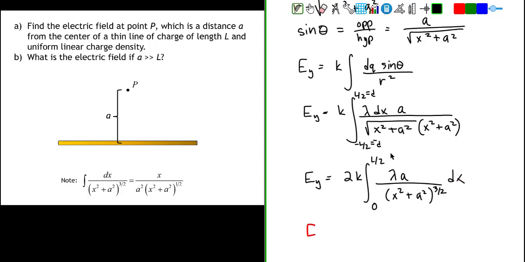Let's pull the constants outside of the integral. So we have 2k lambda a from 0 to d. I'm replacing L over 2 with d. 1 over x squared plus a squared to the 3 halves dx.